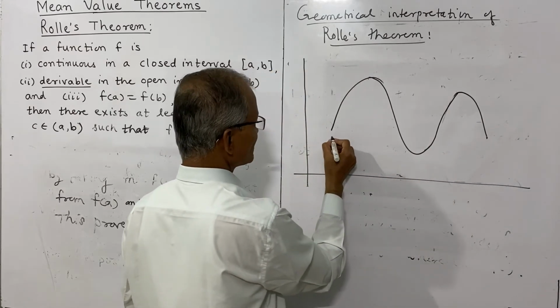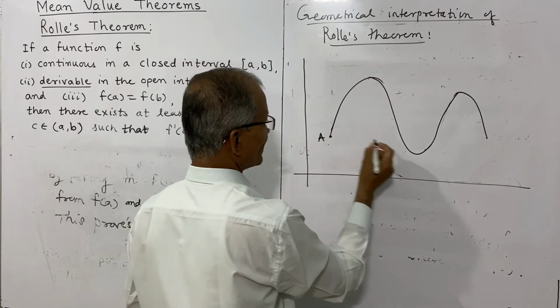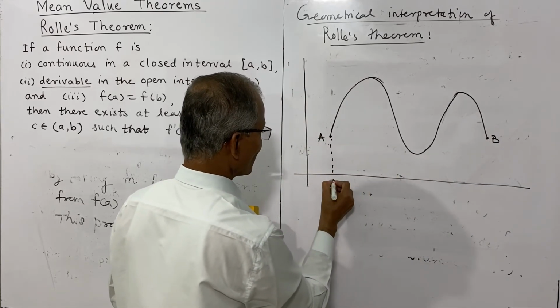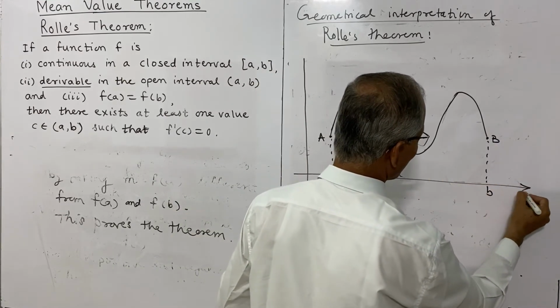The condition is the ordinates must be at equal height. So this is the point A and this is the point B, and it is at the equal height, and we will have these points A and B.